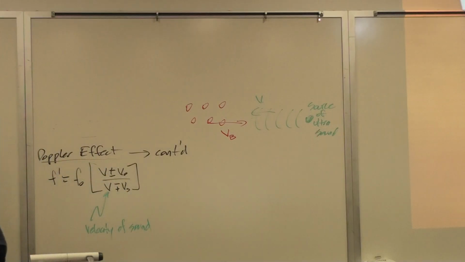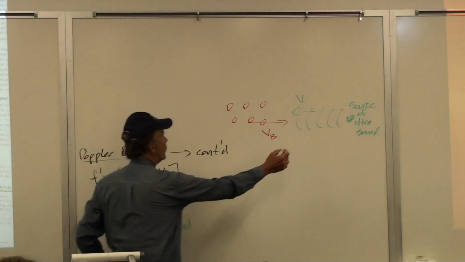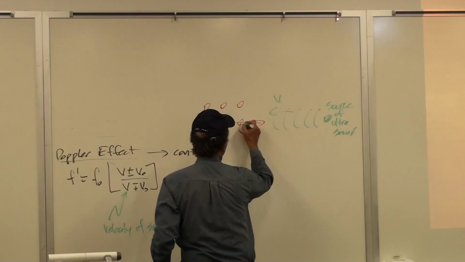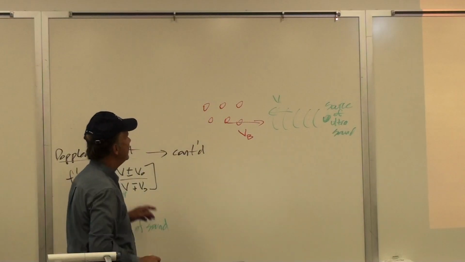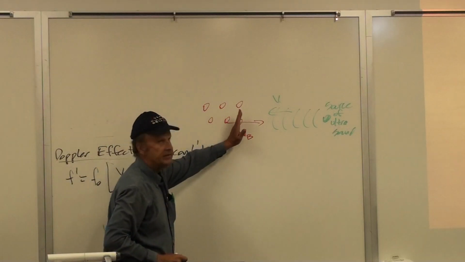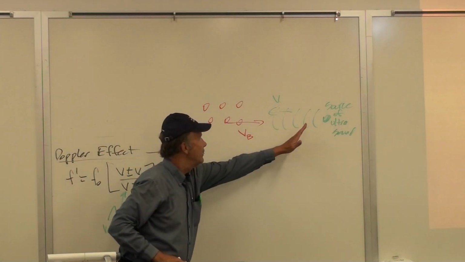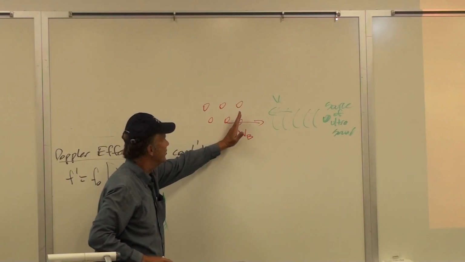So what will happen then with an ultrasound is that the waves come in and they hit the blood, which is essentially the receiver for the source radiation.